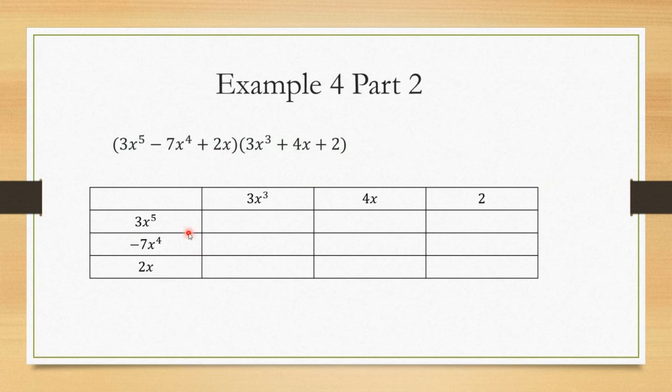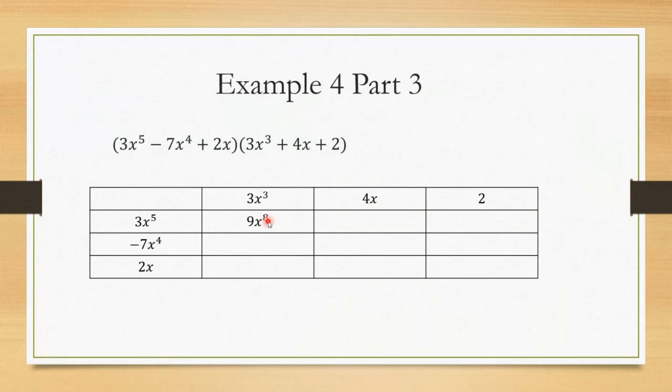And now, again, we want to fill in these entries. All right, so what's going to go here? You have 3x to the 5th times 3x cubed. Well, 3 times 3 we know is 9. X to the 5th times x cubed, that's x to the 8th.